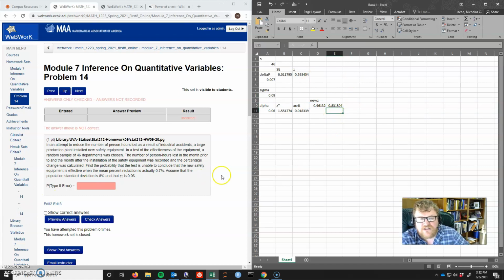So in this test, I am 83% likely to get a type 2 error. Under these conditions, I am going to fail to reject the null hypothesis, even though the null hypothesis is false. 83% of the time.